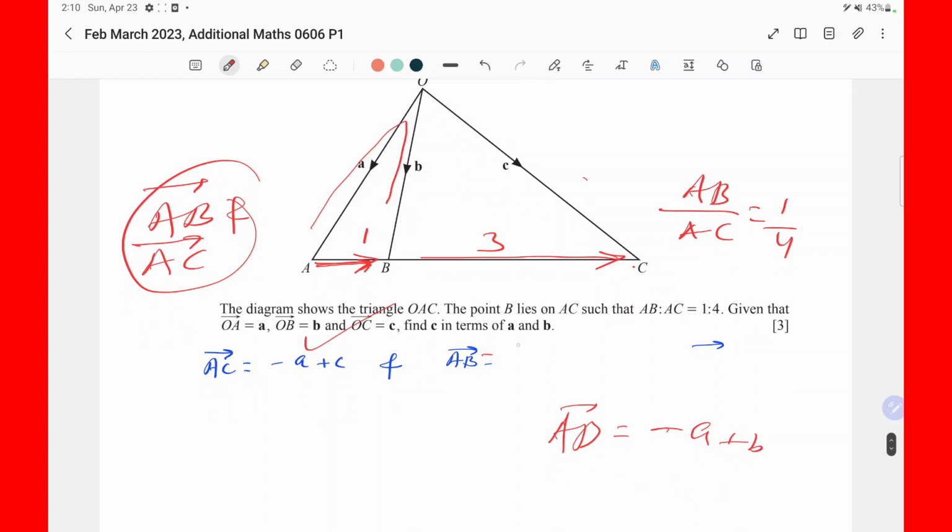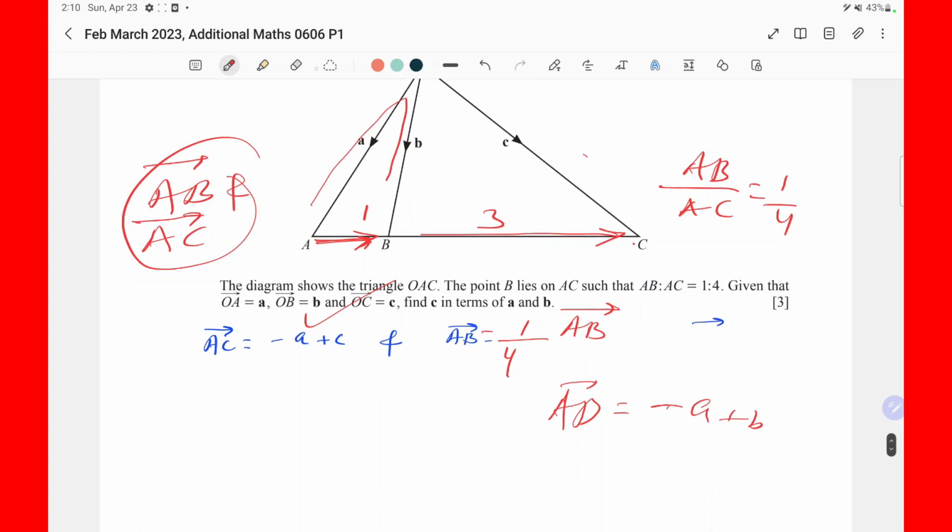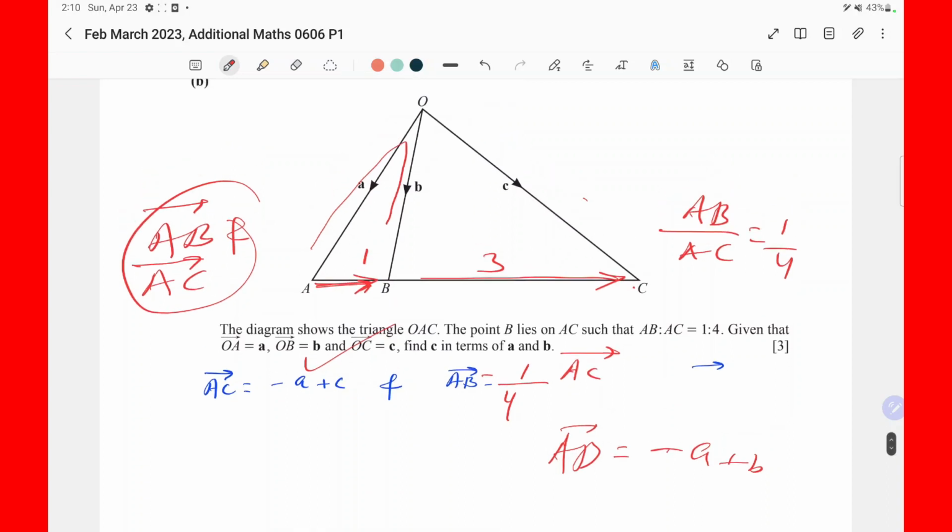So we can say AB is 1/4 of the AC vector. Already it was given basically: AB over AC is 1/4. So vector-wise, AB is 1/4 of AC.